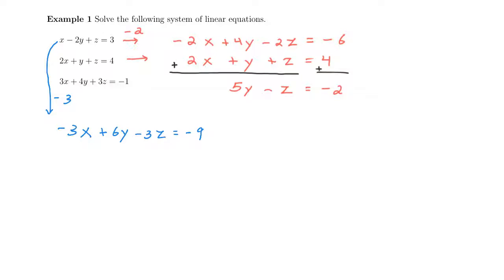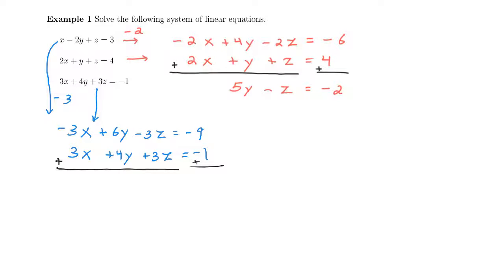And then I'll simply just copy down the third equation. So I'm just working with this last one. I'll write it right below here as 3x plus 4y plus 3z is equal to -1. So same idea now. I'm going to add the left and the right sides and see what we end up with.